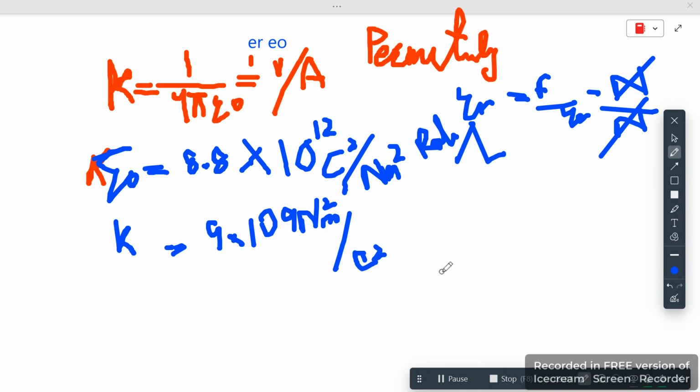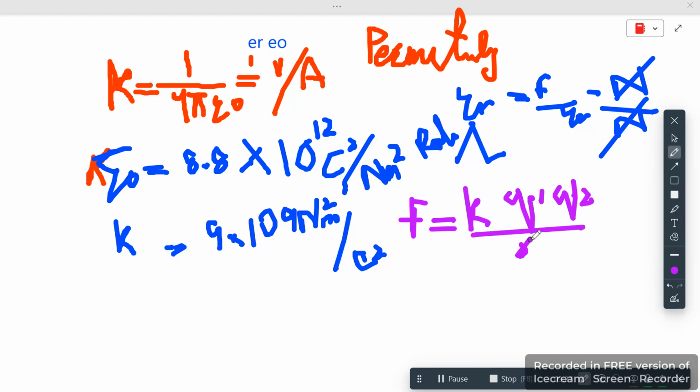Okay, so this formula I'm writing is according to Coulomb's law: F equals K Q1 Q2 upon R square.